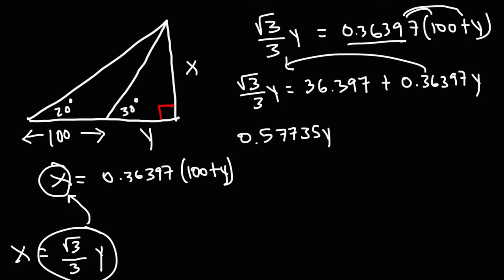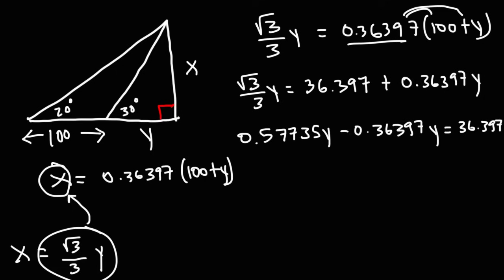Moving this to the other side, it will switch from positive to negative. And that's equal to 36.397. So 0.57735 minus 0.36397 gives us 0.21338y.